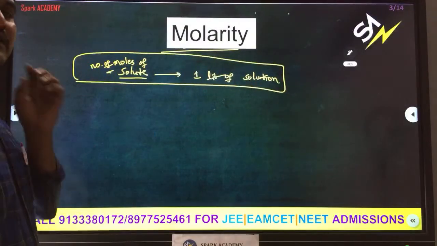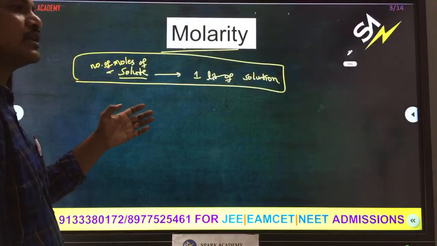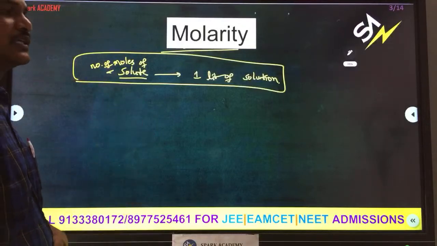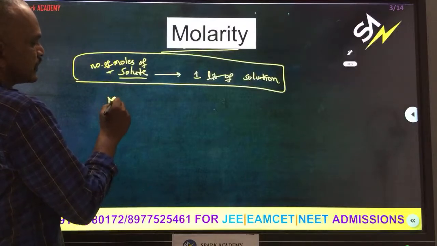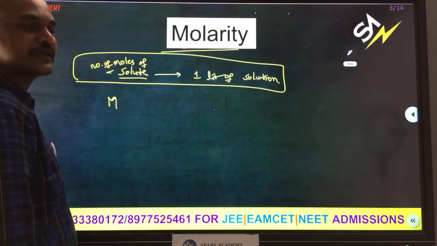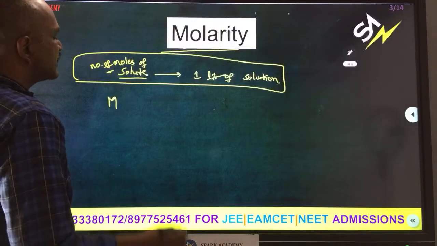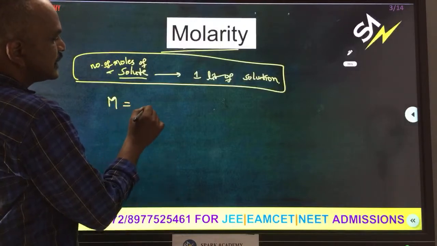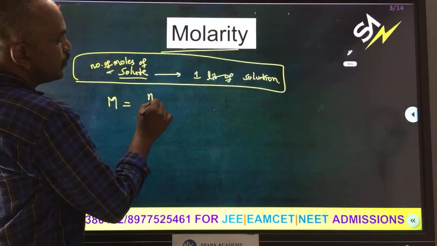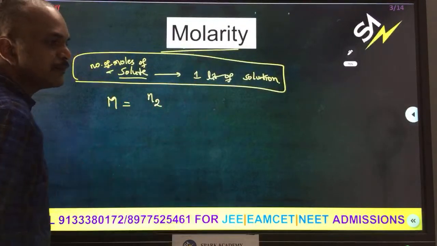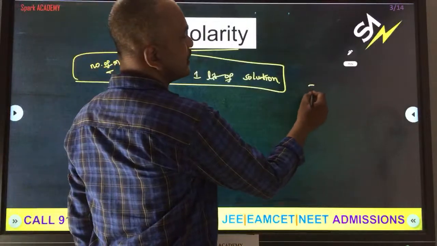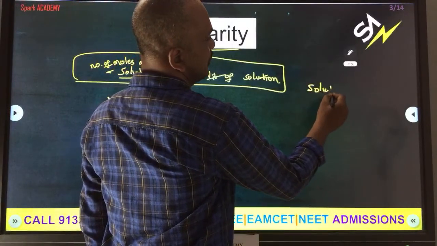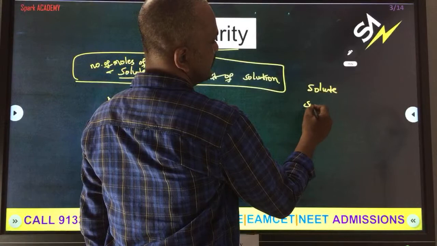But at the commodity level, the definition we learn only for the concept. The formula is what is used here. Molarity is denoted with capital M. It is equal to the number of moles of solute. In the binary solution, I already told you that solute and solvent will be there.